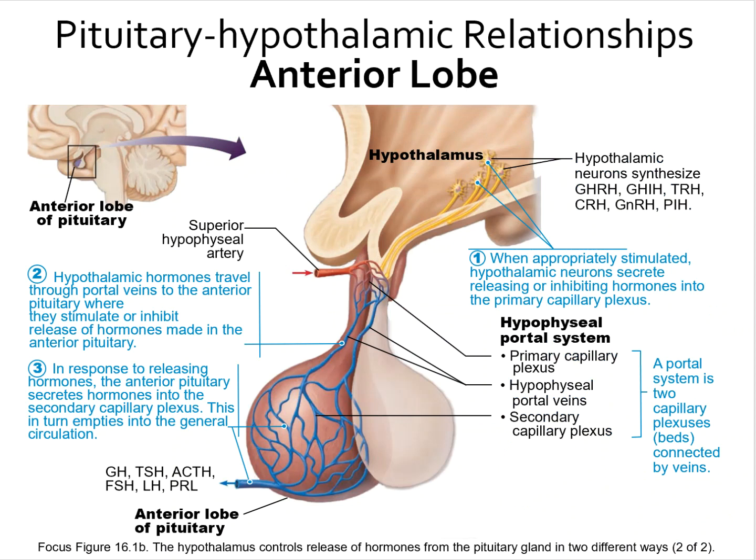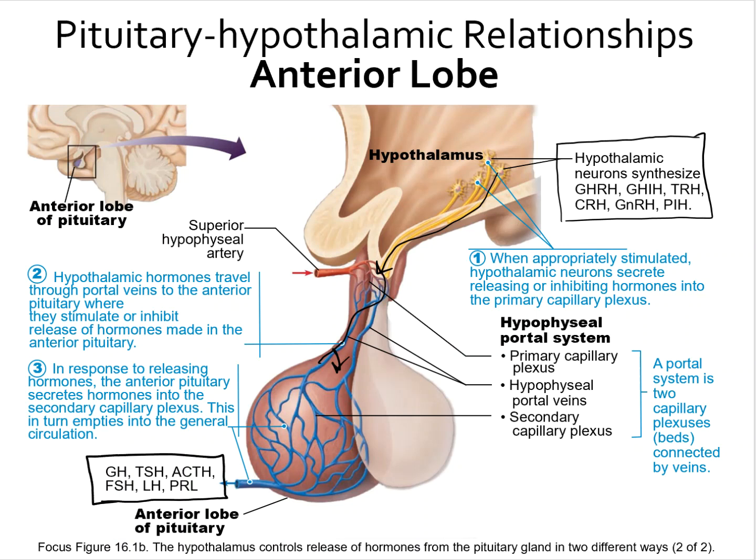What this means is that we have a group of hormones that are made in the hypothalamus. These hormones go down their axon terminal and are released into the bloodstream. They will target the anterior pituitary, and what they do there is cause the anterior pituitary to synthesize and secrete another series of hormones.